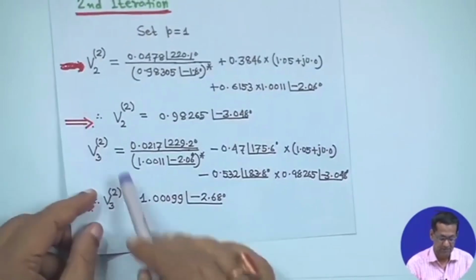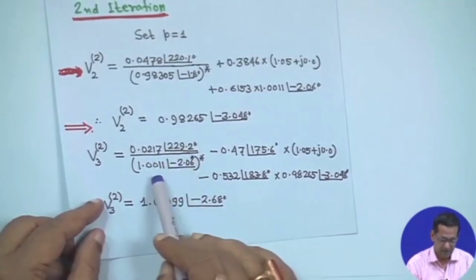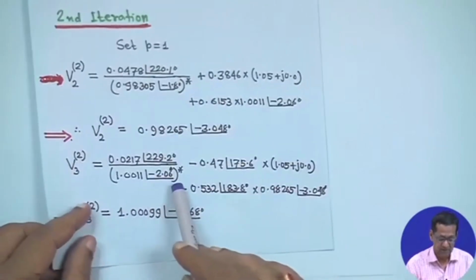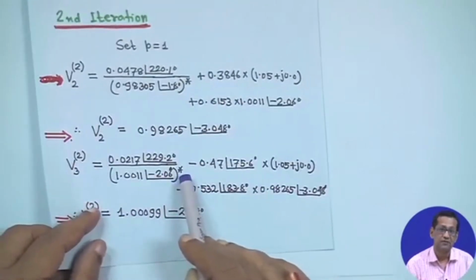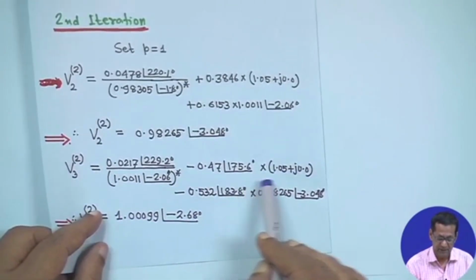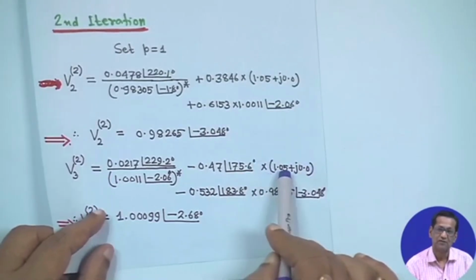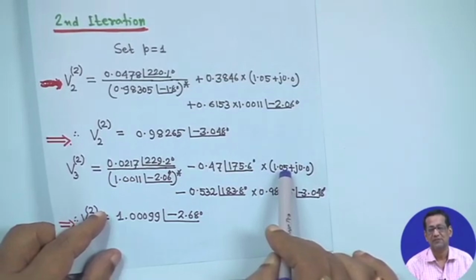Similarly, V3 2 also you calculate. Here also this term we have got earlier and this is 1.0011 angle minus 2.06 degree, we got in the first iteration, conjugate, right, minus 0.471 angle 175.6 degree into 1.05 J 0. This term remains constant because V1 does not change, it is the slack bus voltage, right.